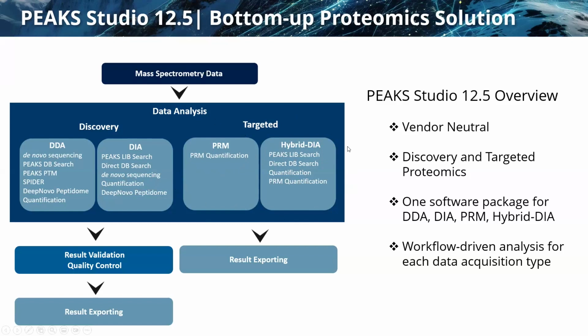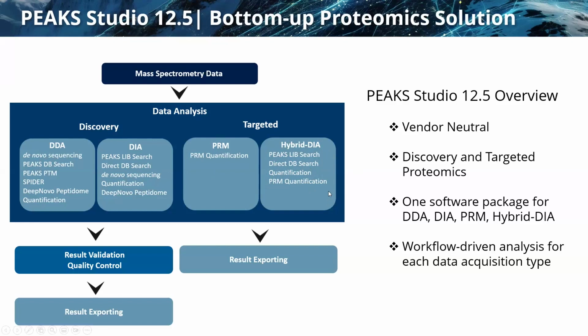And hybrid DIA is a specific newer acquisition technique that combines discovery and targeted proteomics with a Peaks library, DIA database search, a label-free quantification, and then a more specified PRM quantification of targets that you specified in the data collection. So these are our targeted methods that we offer in Peaks at the moment.